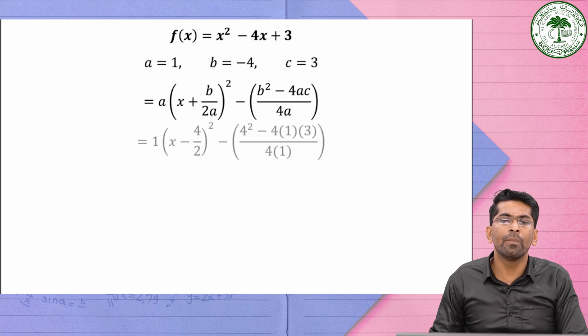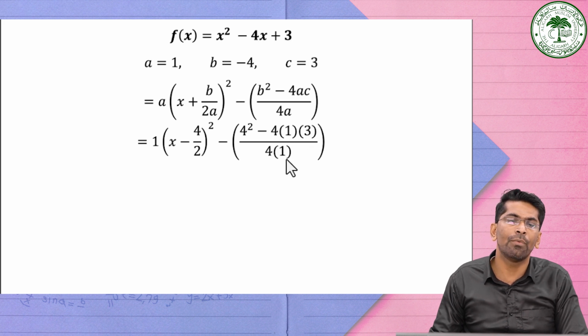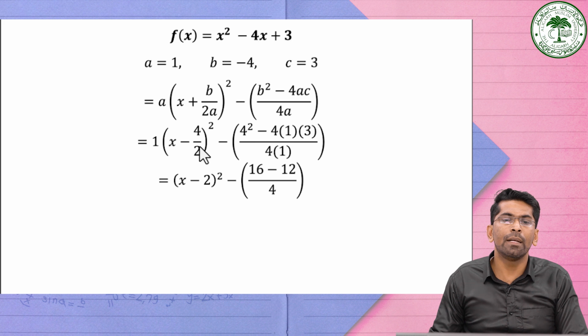Then it will become: a is 1, x minus 4 divided by 2a, whole square, minus 4 square minus 4 into 1 into 3 divided by 4a. If you simplify it, this is the complete square term, we can write it as x minus 2 whole square.